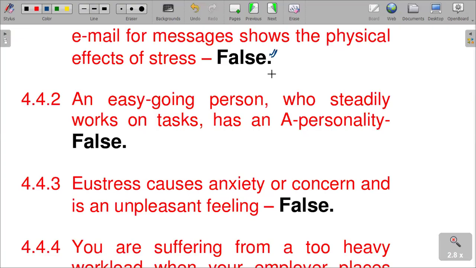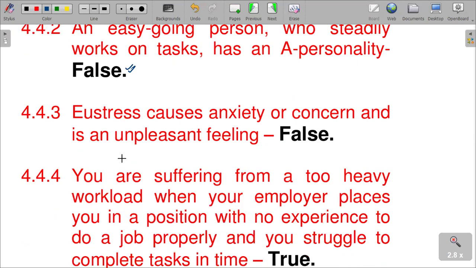An easygoing person who steadily works on tasks is an A personality. That is false also. Eustress causes anxiety or concern and is an unpleasant feeling.